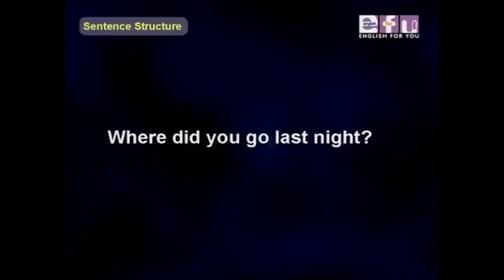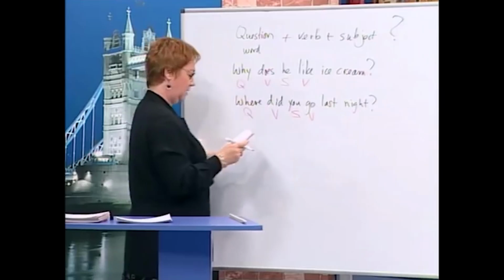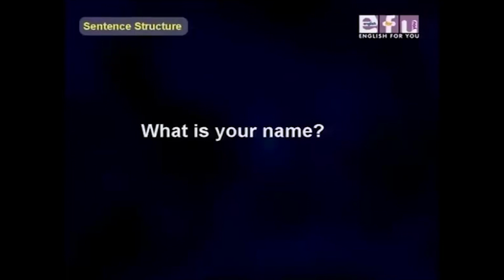Where did you go last night? Now, here's the question word, where, the verb, the helping verb, did, subject, you, and the main verb, go. Okay, and here's a short one. What is your name? Question word, verb, and subject.